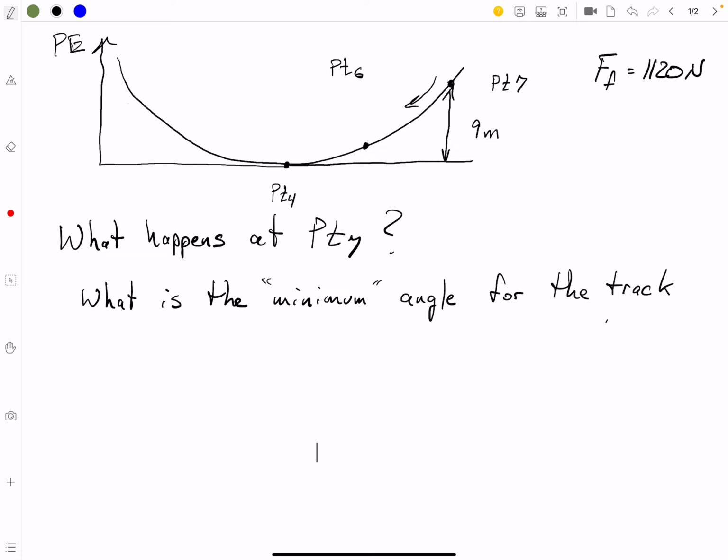What is the minimum angle for the track so that the driving force of gravity overcomes the frictional force? In other words, frictional force.